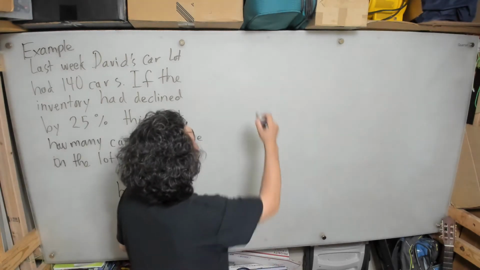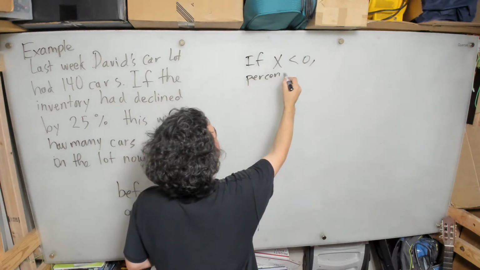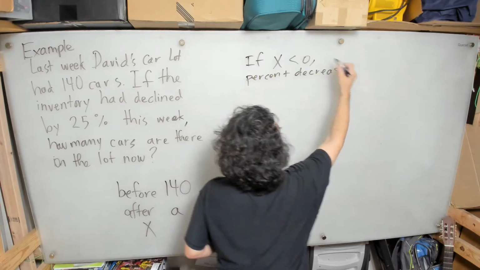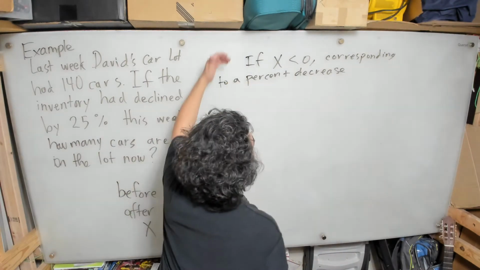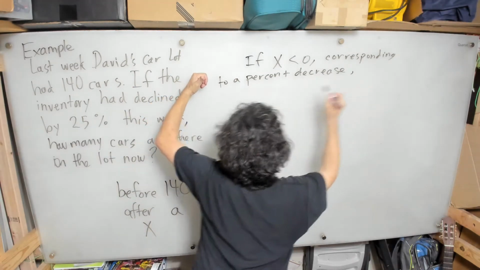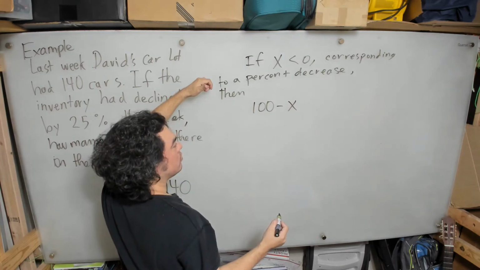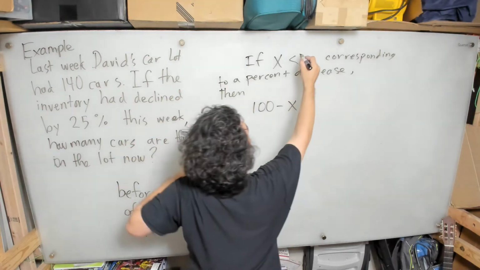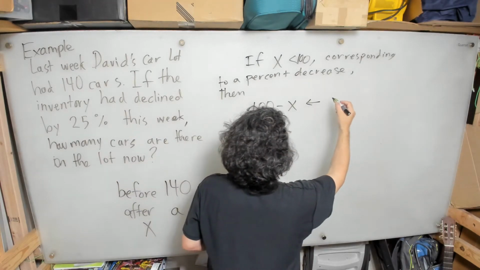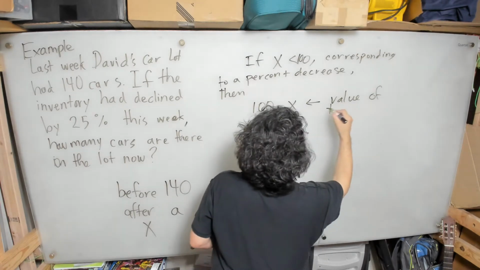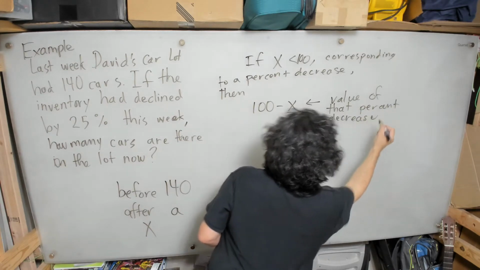Now remember, we recall that if X is less than 100, corresponding to a percent decrease, then 100 minus X is the value of that percent decrease, okay?